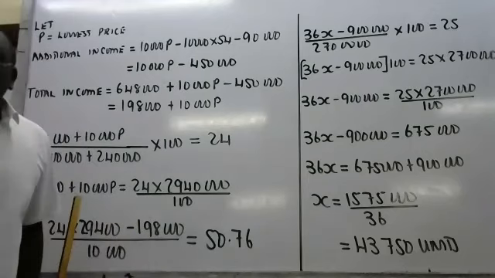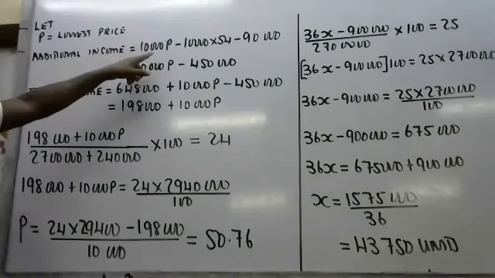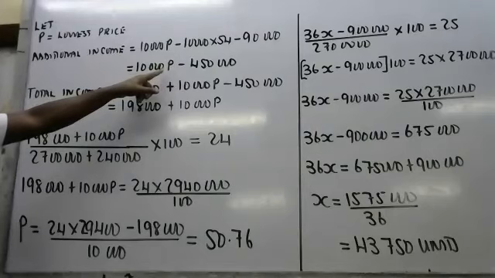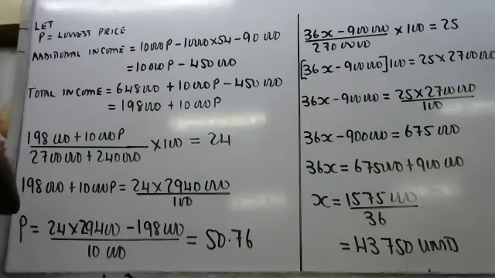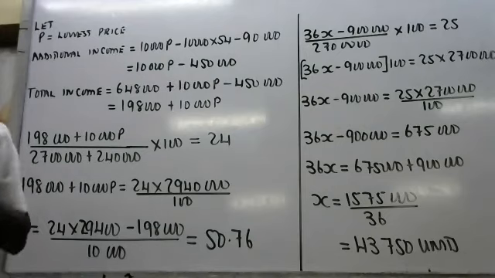Anyway, there is no time. I see even people saying 540,090. So 10, 148 plus 10P. Oh, we have been working with 940.